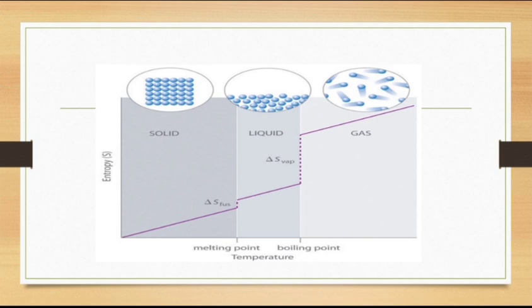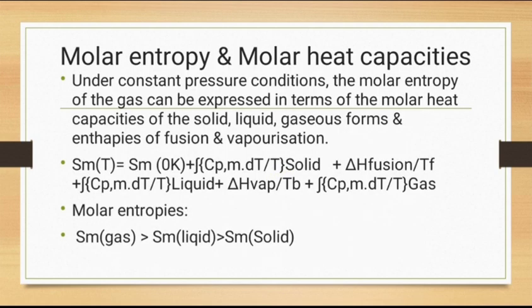So, our fusion entropy change is very less than the liquid state, than the gaseous state. That means the entropy of the gaseous state is much higher than the liquid, than solid. So, we will see the molar entropy order: molar entropy of gas is greater than molar entropy of liquid, which is greater than molar entropy of the solid. And there is a relation of molar entropy and the molar heat capacity.